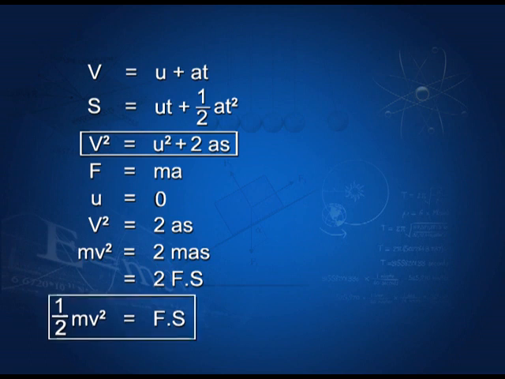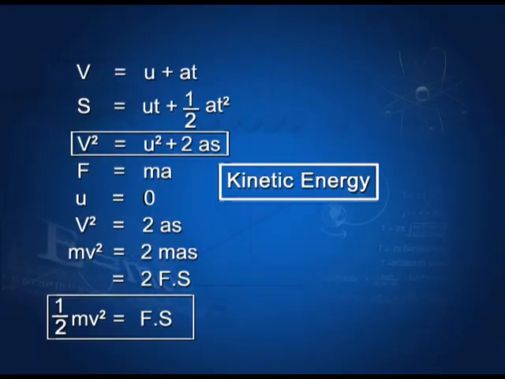Now, this result becomes exceptionally important. Why is that? Because on the right hand side we have work, and on this side we have a figure which is relating mass and velocity to this factor. Now, the quantity half m v square is said to be the kinetic energy.